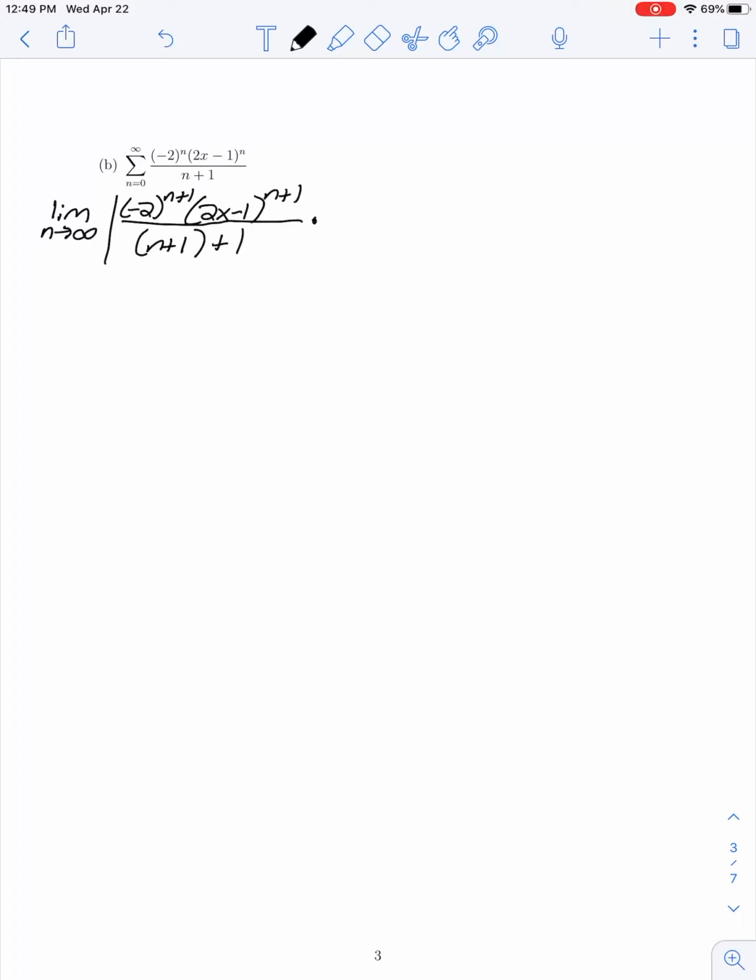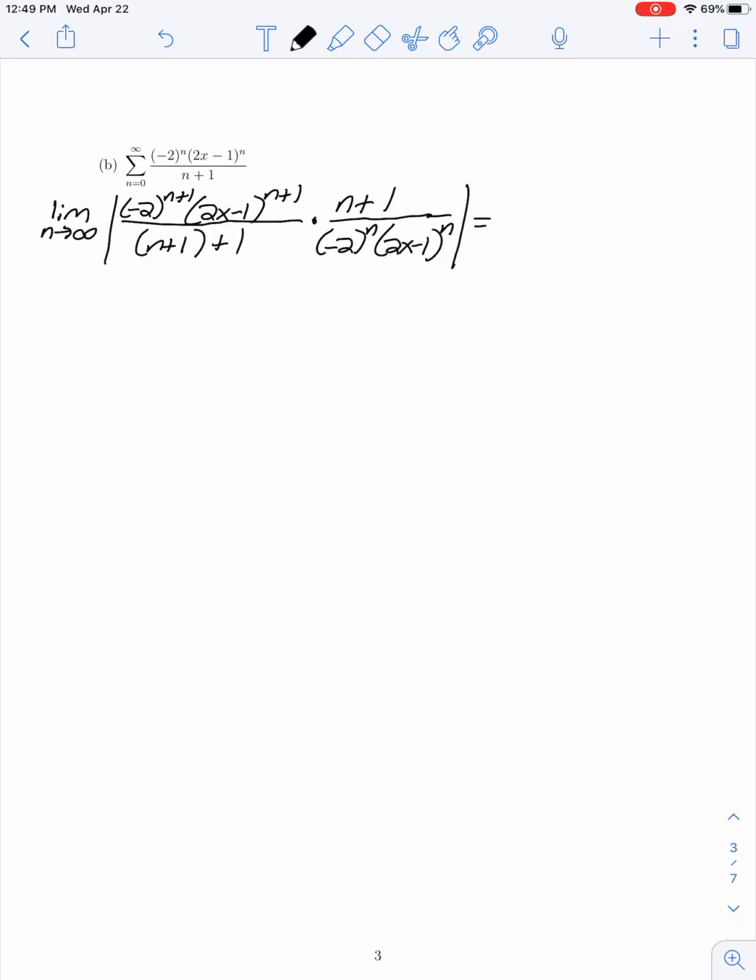But since the nth term is a fraction, equivalently we can multiply by its reciprocal, which was n plus 1 divided by negative 2 to the nth times 2x minus 1 to the nth.